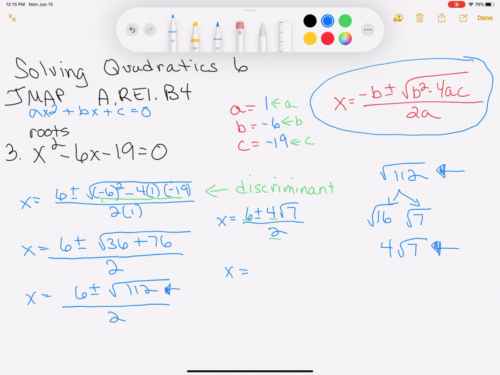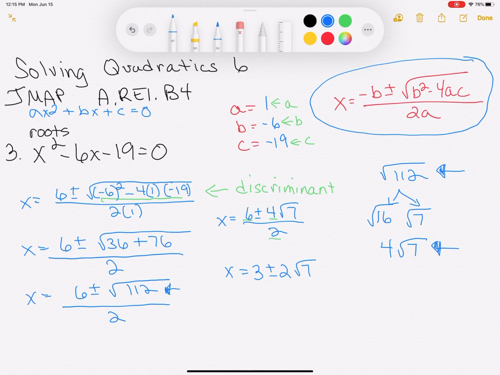I have two terms in the numerator of that fraction, 6 and 4 square root 7, because that 2, the denominator, divides evenly into the 6 3 times and evenly into the 4 2 times. I simplify that as 3 plus or minus 2 square root 7.